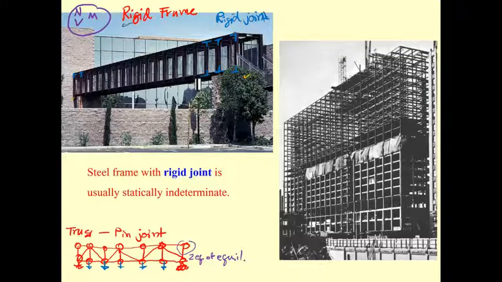Okay, so when you design and build the rigid frame pedestrian bridge, you're going to do the model. Your model is going to follow rigid joints, and your joints are going to be rigid joints when you're constructing. You have to be very careful on this. The model of this bridge is also different from this one.